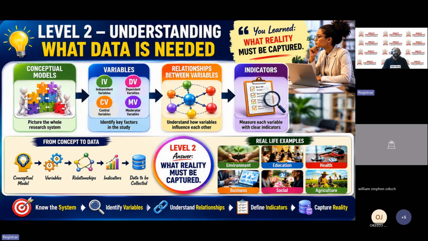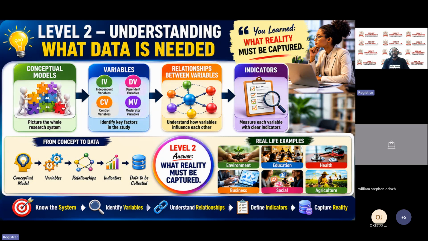So what we have to understand, from the concept to data, we are transitioning, or we are in our journey from the concept to data. The conceptual model gives us the variables. From that, we draw out the relationships. From the relationships, it gives us the indicators which data to be collected. These are the indicators that give us which data to be collected.